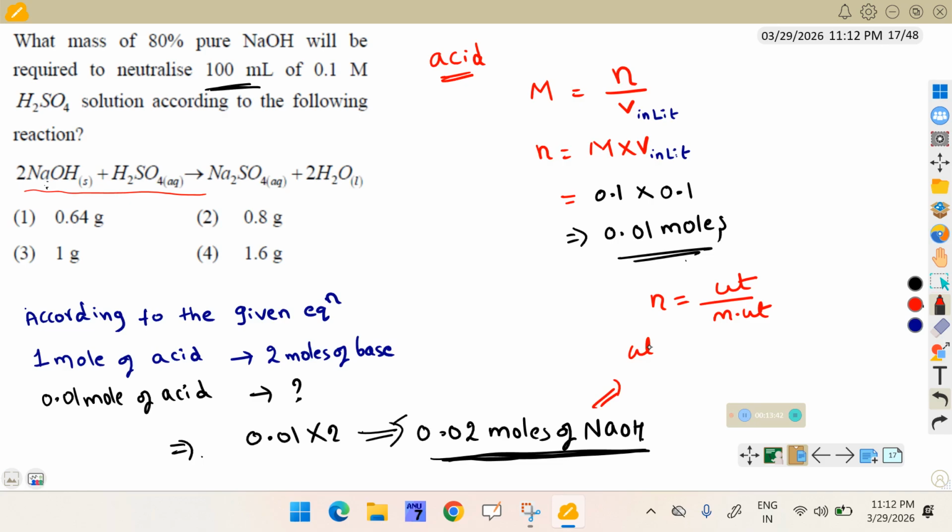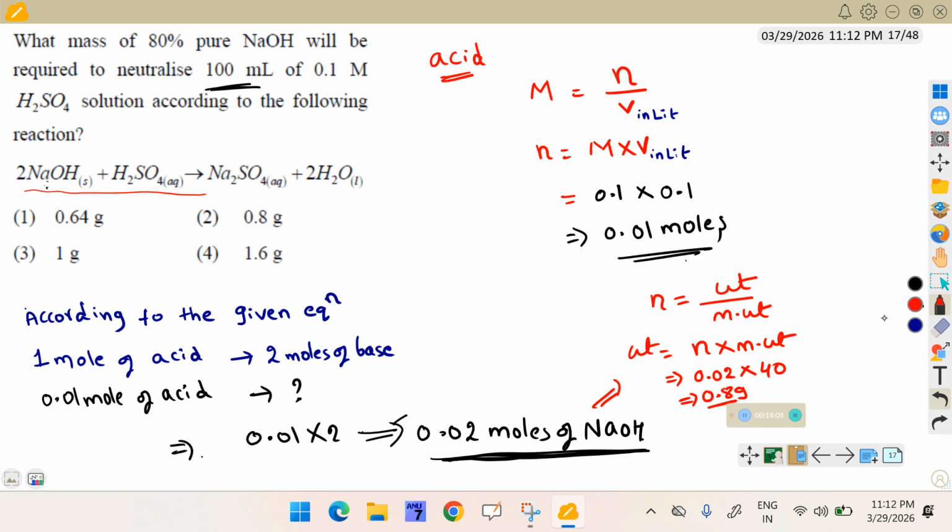Weight is equals to number of moles into molecular weight. That is equals to 0.02 into what is the molecular weight of NaOH? NaOH molecular weight is 40. 0.02 into 40, then you will get 0.8 grams.